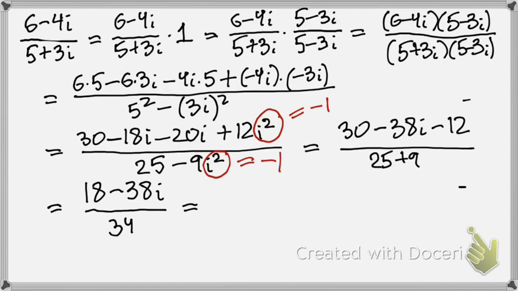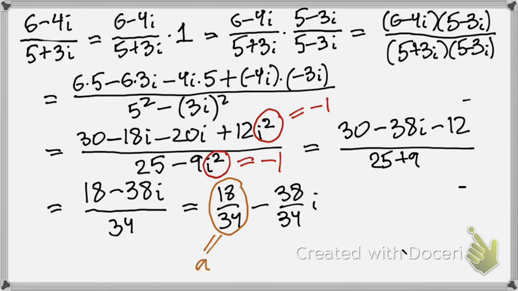But because we have now a real number at the bottom, we can split this fraction into two parts. And now see what happens. We do have that standard form. This is your number A, and this is your real number B.